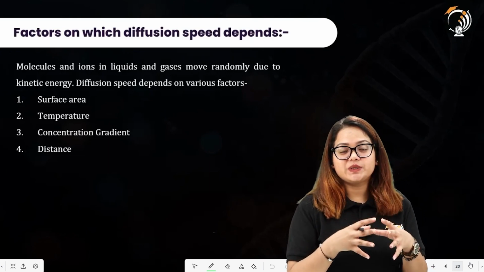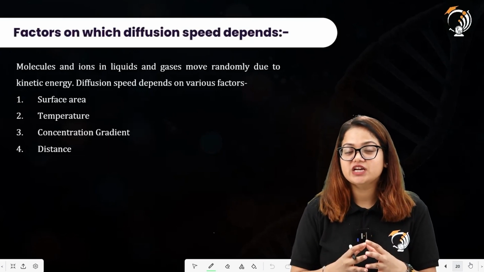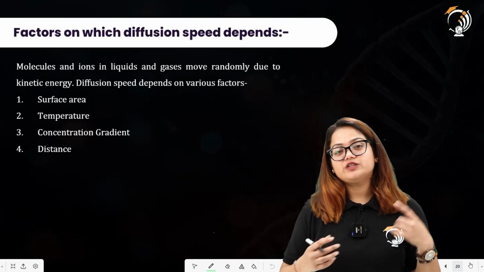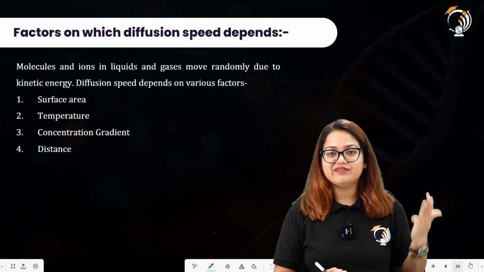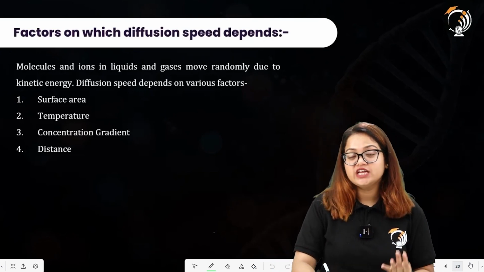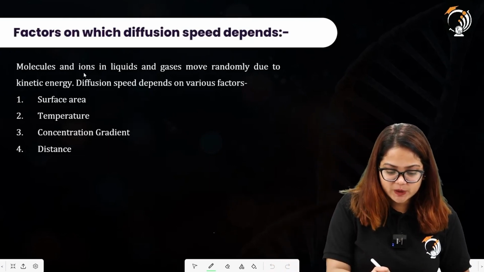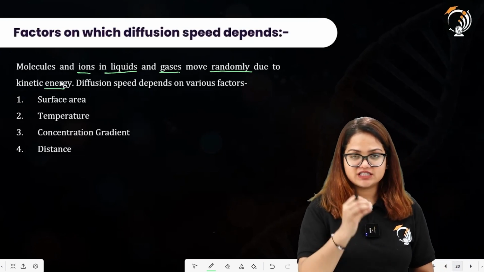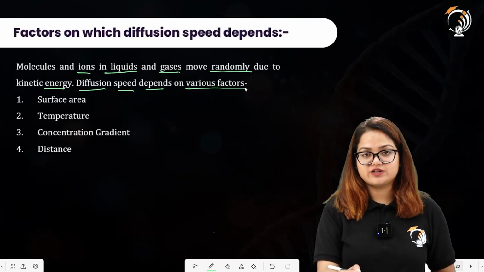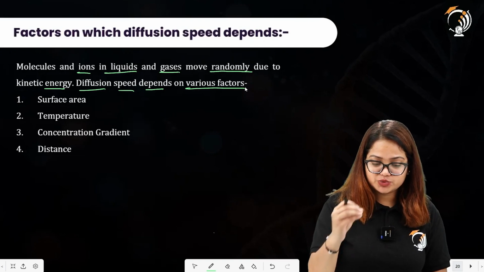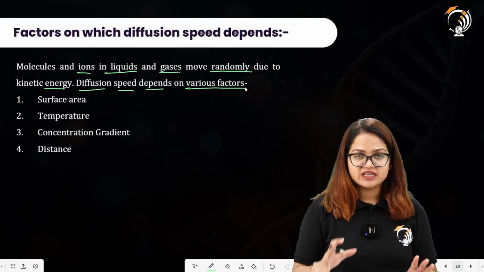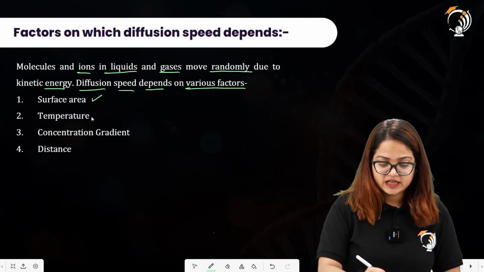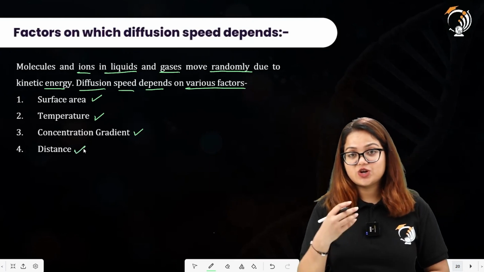For that, let us talk about the factors on which the diffusion speed depends: the temperature, the wind speed, the concentration gradient, and the distance across which the diffusion is occurring. Molecules and ions in liquids and gases move randomly, in random motion due to kinetic energy. We have already discussed this statement. The molecules are moving and, due to their movement, they distribute equally across the surface, but the diffusion speed matters here. It depends on the surface area, the temperature, the concentration gradient, and the distance across which diffusion is occurring.